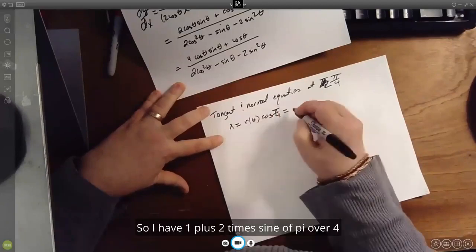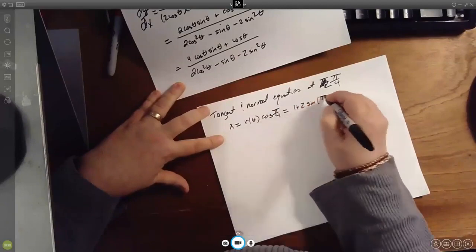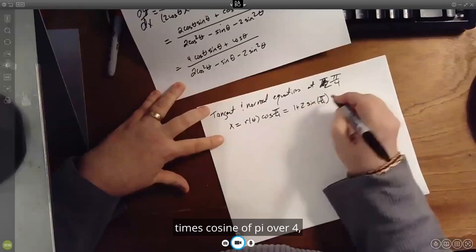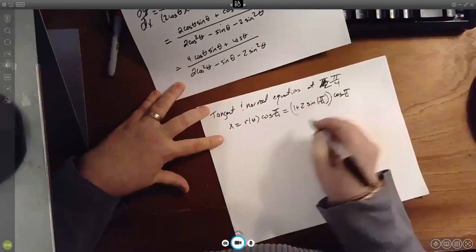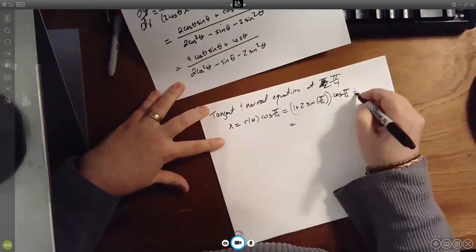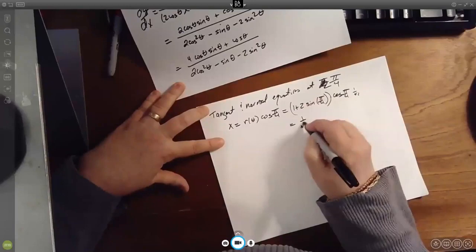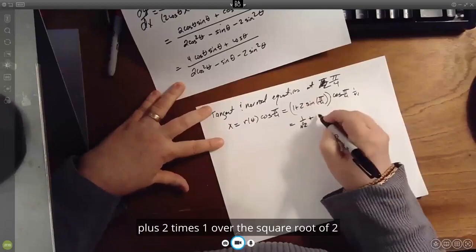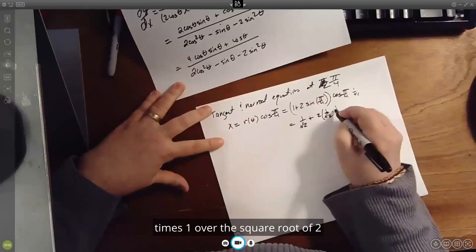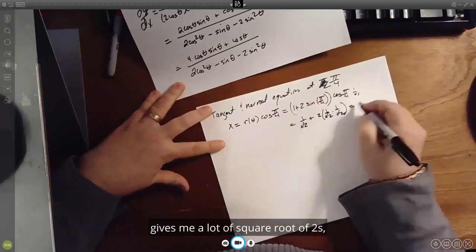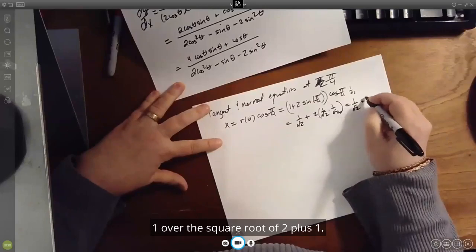So I have 1 plus 2 times sine of pi over 4 times cosine of pi over 4, which is 1 over the square root of 2. Multiplying through, I have 1 over the square root of 2 plus 2 times 1 over the square root of 2 times 1 over the square root of 2. That gives me a lot of square root of 2's: 1 over the square root of 2 plus 1.